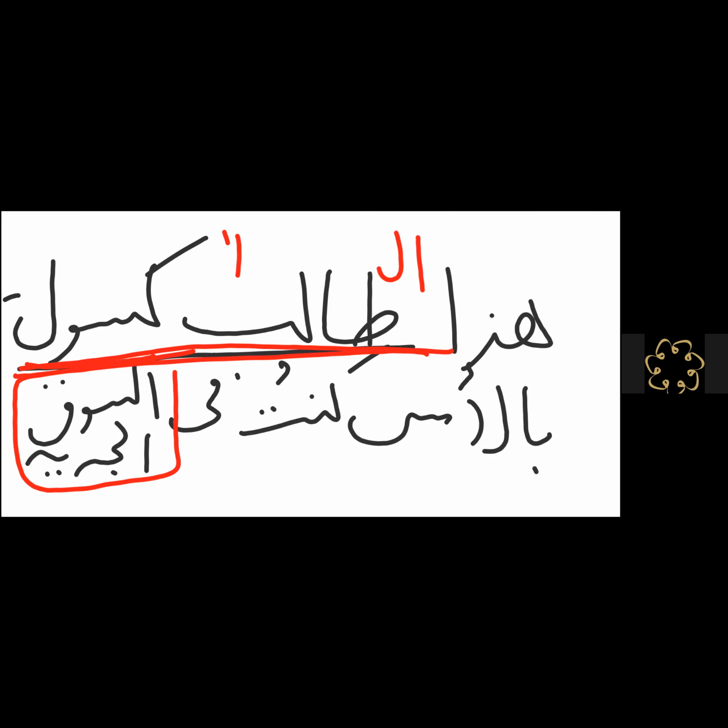Al or not al. Ending fatha, dhamma, kasra, the same. Gender ta or not. Alif noon or not. Wow noon or not. They are the same. So this way, focus on starting and ending. Tamam? It will be easy for you. It has to be similar. Tamam?